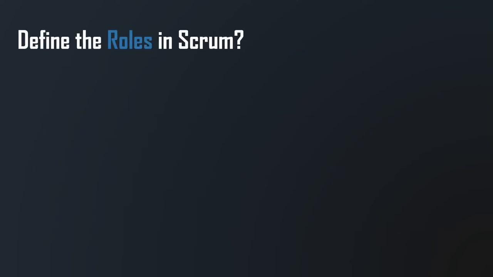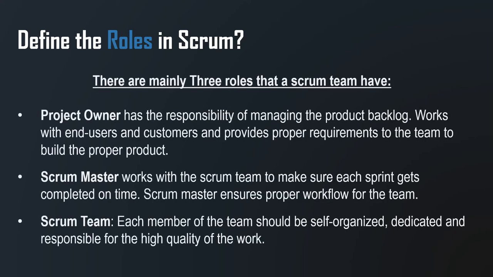The next is, explain different kinds of roles that are available in Scrum. So there are three main roles that we have in a Scrum team. One is the product owner. He has the responsibility of managing the product backlog.